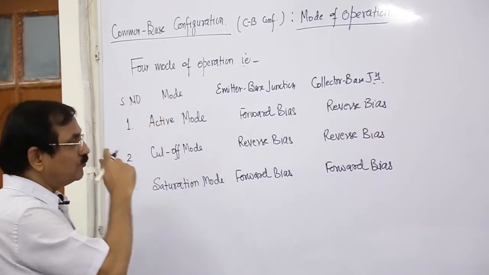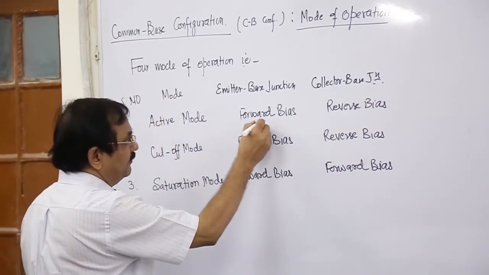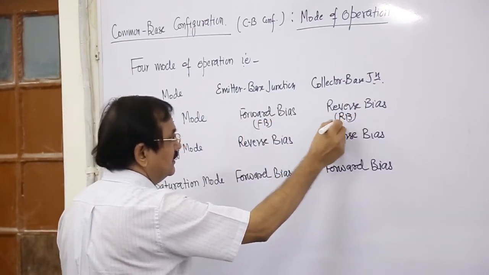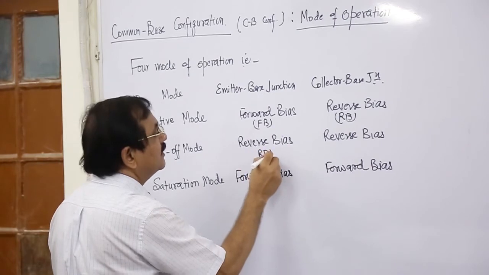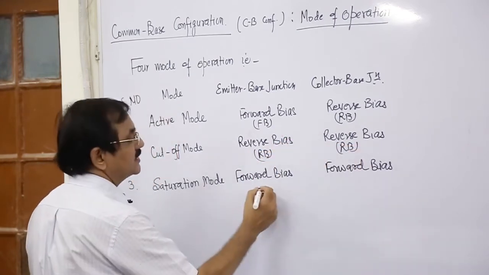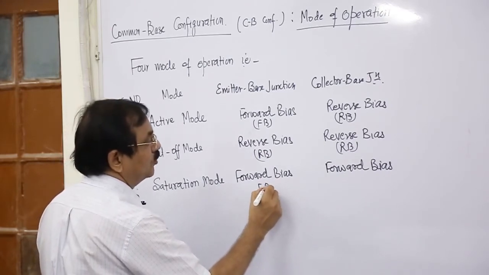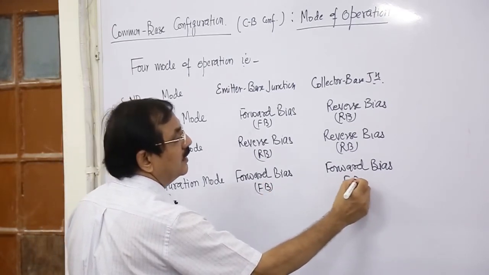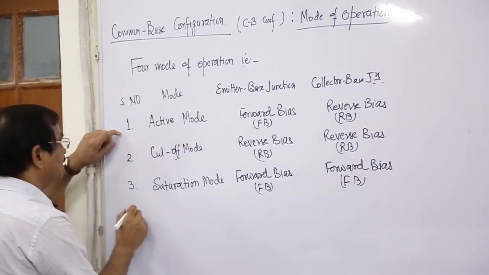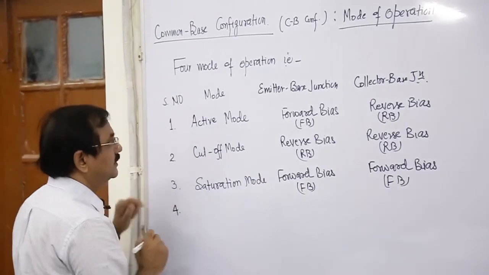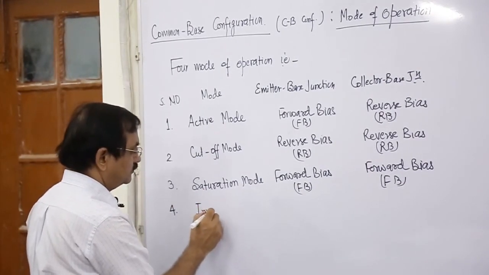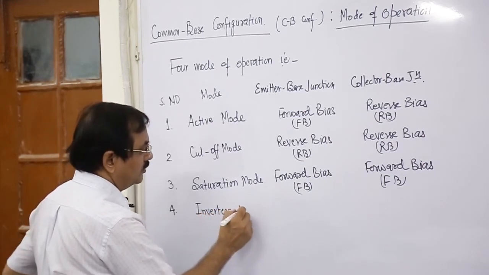Yes. So this one is FB, forward bias. Here it is reverse bias. Then both are reverse bias. Both are reverse bias. Here it is forward bias. Both are forward bias. And the reverse of the first is the inverter mode.